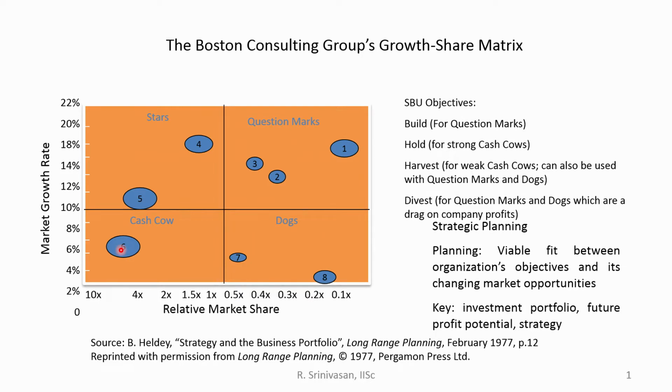When it becomes the market leader, the objective of the company with respect to that SBU should be to hold on. You do not require a lot of investment for that cash cow, still you get money out of it, and when you get a good amount of returns from this SBU, you hold on to this cash cow.